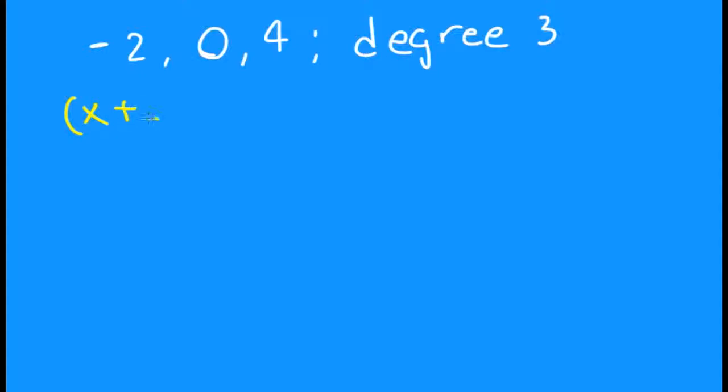X plus 2, x minus 4, and x. So we have all this, right? We know that this came here, this goes here, this is 0, so there's nothing here. That's why it's just an x.